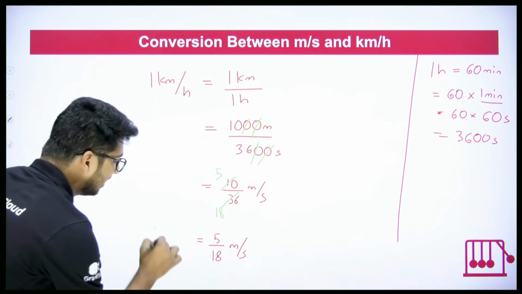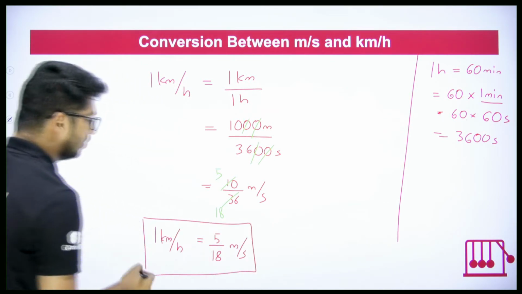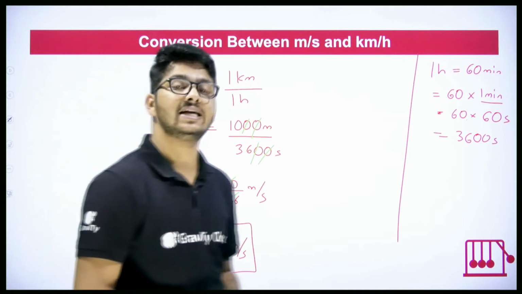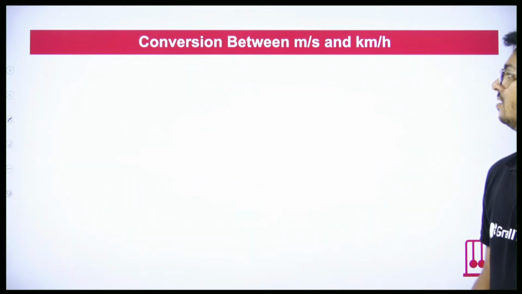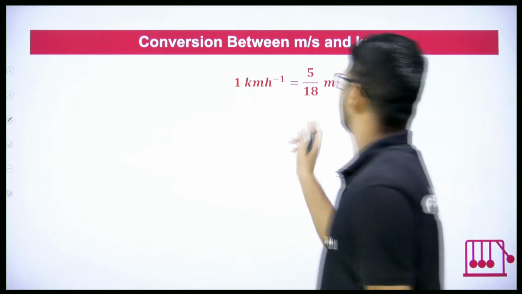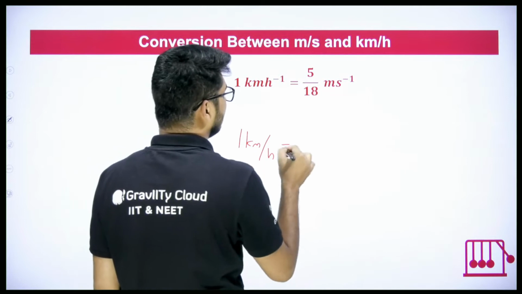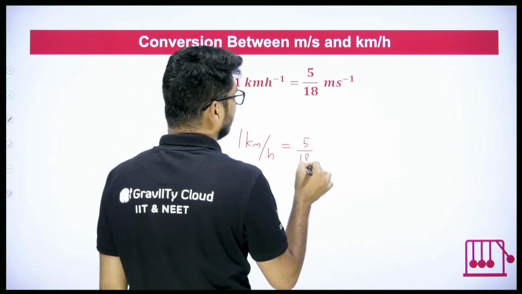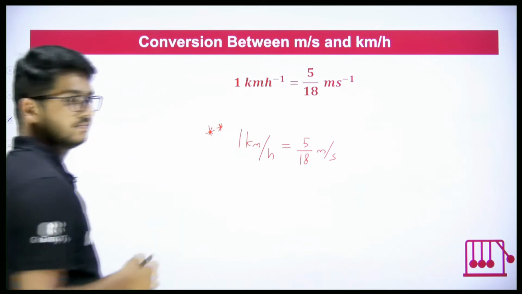That means 1 kilometer per hour is equal to 5 by 18 meter per second. Is that clear? Good. Very important. We'll use it.